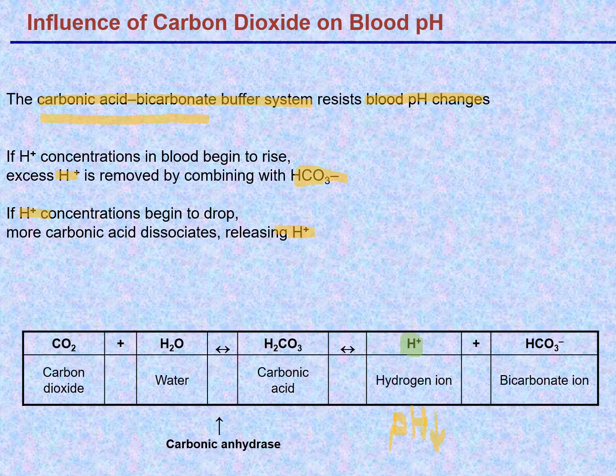So the reaction will have higher reactant concentrations on this side because the CO2 is getting low, and this will drive the reaction this way. Therefore, a person who is hyperventilating, because they're depleting the hydrogen ion concentration in their blood, their pH will in fact rise.